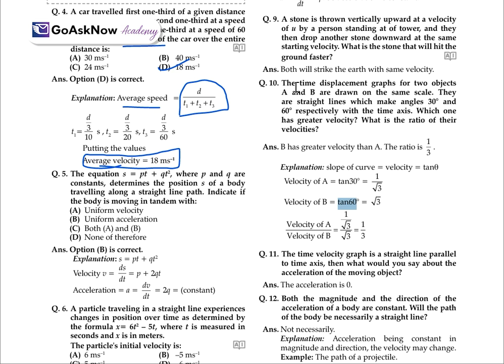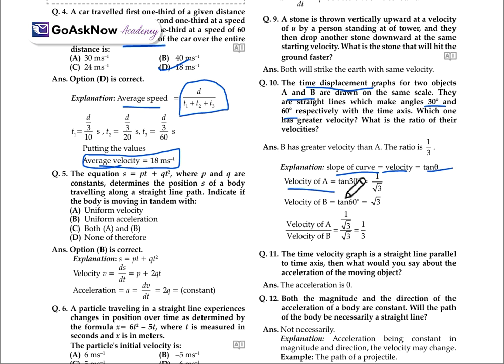This one is somewhat different. I am going to explain this one. The time displacement graphs for two objects A and B are drawn on the same scale. They are straight lines which make angles of 30 degrees and 60 degrees respectively with the time axis. Which one has the greater velocity and what is the ratio of their velocities? See, the slope of the curve is equal to velocity, which is equal to tan theta.